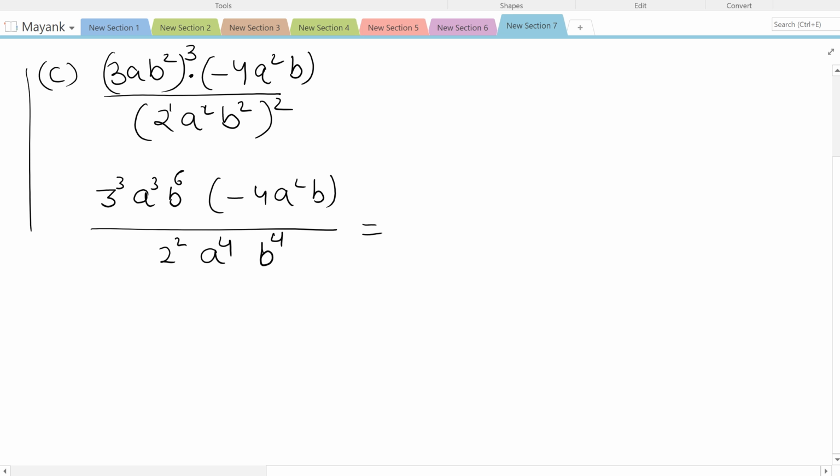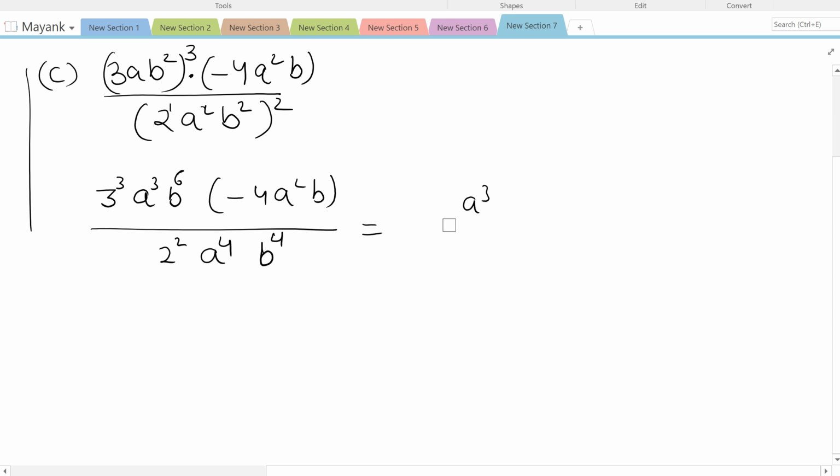Now, 3 cubed is 27. A cubed stays the same. And then bracket. Now, you can write this 4 at the front if you want. Let me write it at the front.